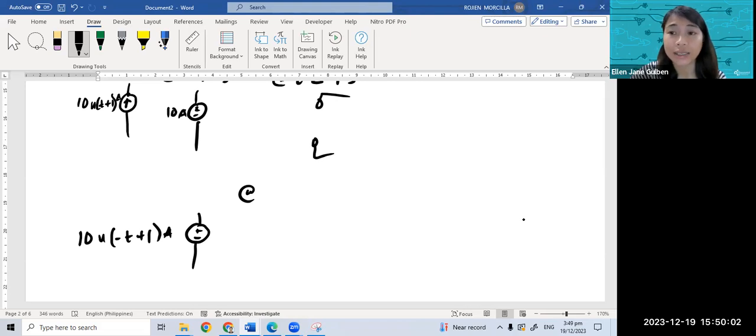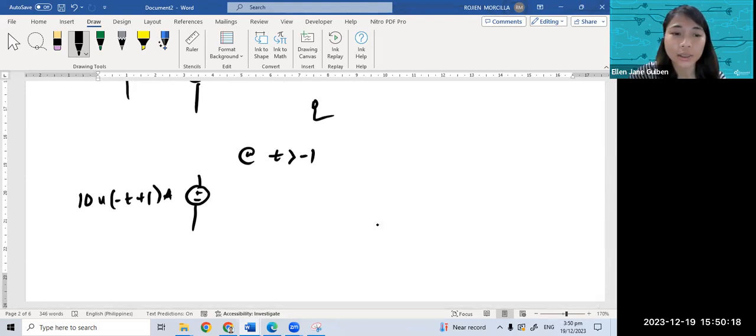No, sorry, it's advanced by 1 second, but it's negative t. So that would mean t greater than negative 1 second. What does our supply look like? Sorry, this one should be current. So our current will look like this. It's open after time 1 second, and at time less than 1 second would give us 10 amps.